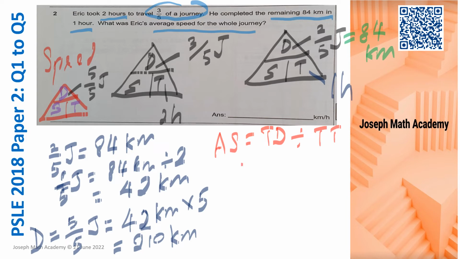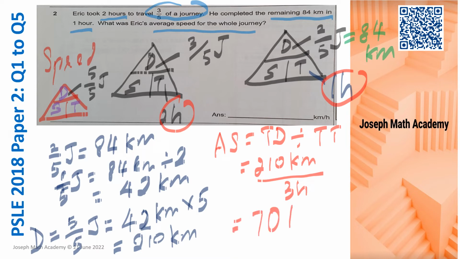So total distance equals 210 km divided by total time taken, which is 2 hours plus 1 hour, that is 3 hours. So we got 70 km per hour.